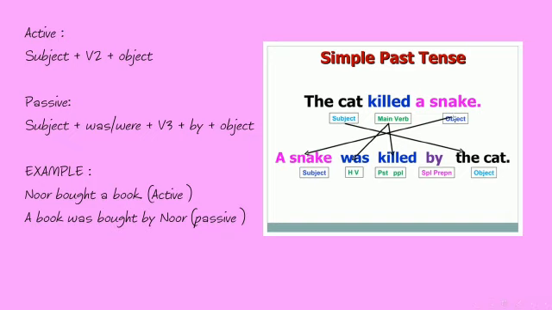A snake here was the object, but here it is the subject. المفعول به في جملة الactive هو الفاعل في جملة passive. قاعدة عامة: the object in active voice is the subject in passive voice. دائما the object في جملة المبني للمعلوم هي الفاعل في جملة المبني للمجهول or passive voice. And here we use was why? Because snake, just one snake, مفرد singular, and killed the past participle, by the cat.